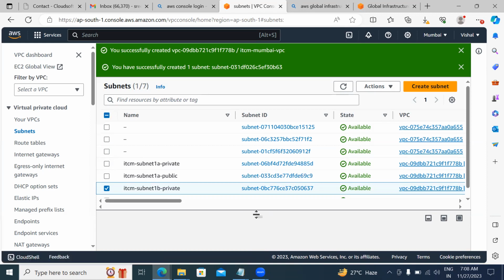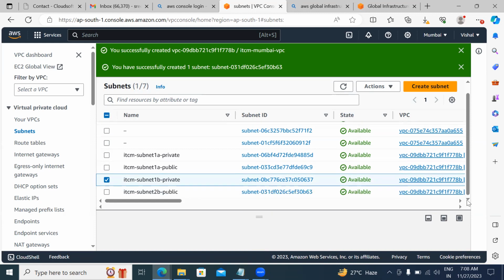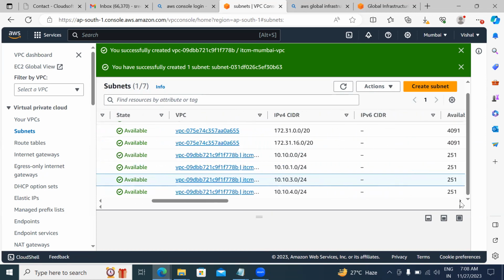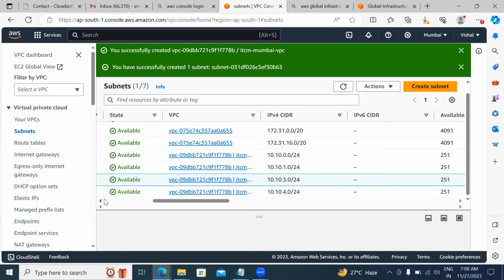Where is 1B public? Yeah, it's there. I can create one for C also. One more? No, we created 4. The names are maybe the 3.0 we gave.